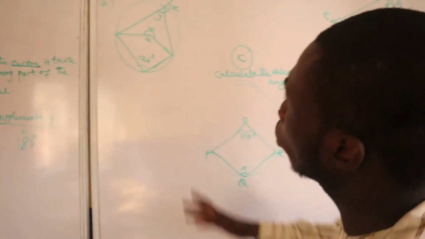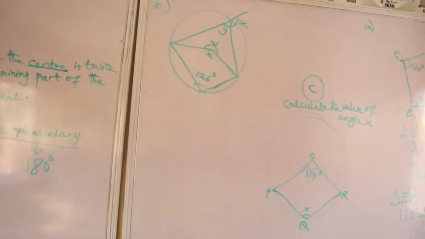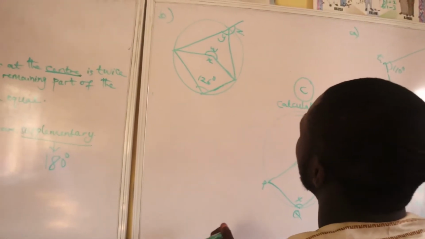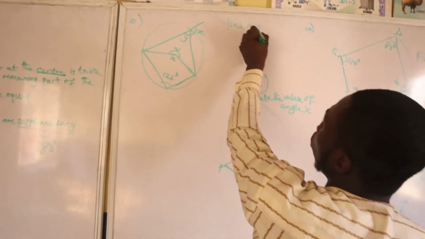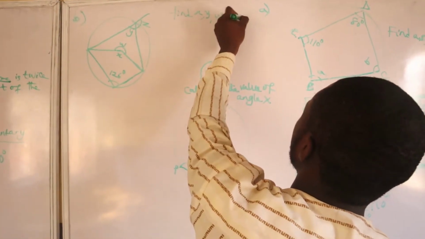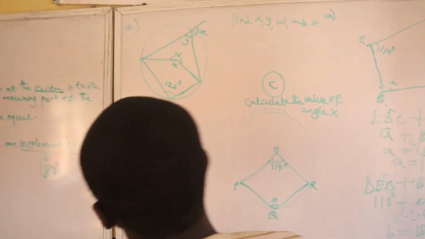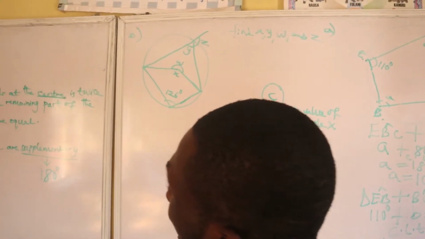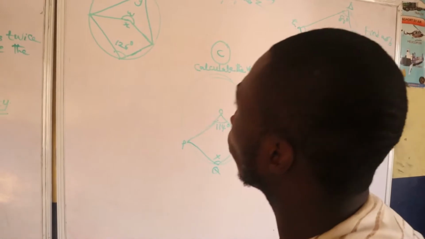Now let's proceed to the second question we have here. You have been asked to find X, Y, W, and Z. Now, stemming from the principle I stated earlier that opposite angles of a cyclic quadrilateral are supplementary.